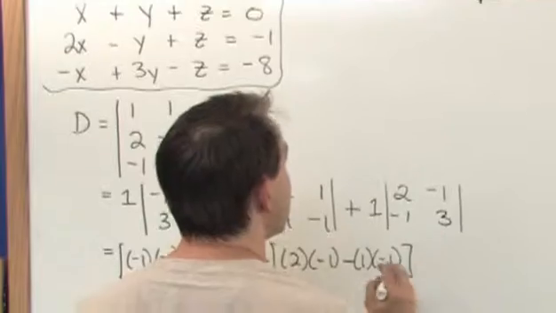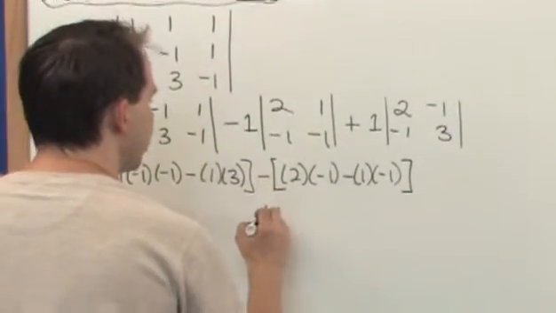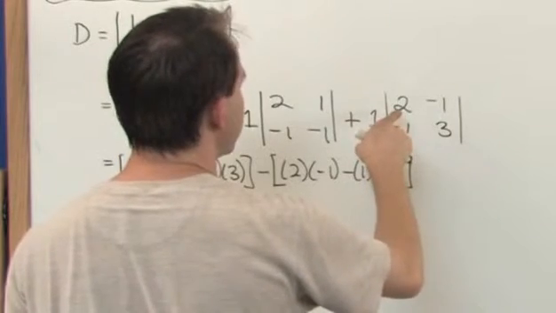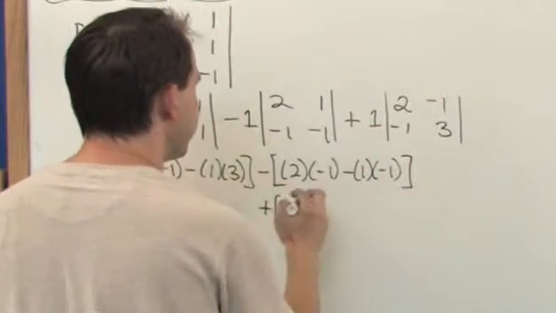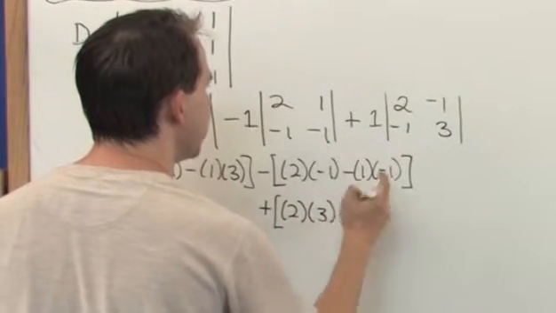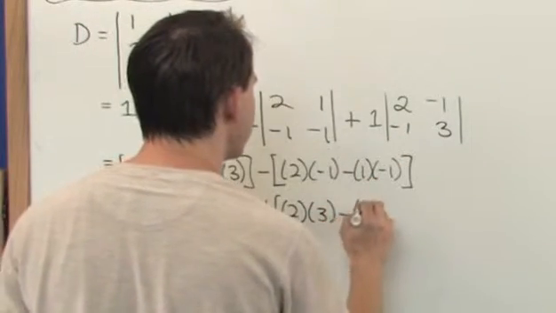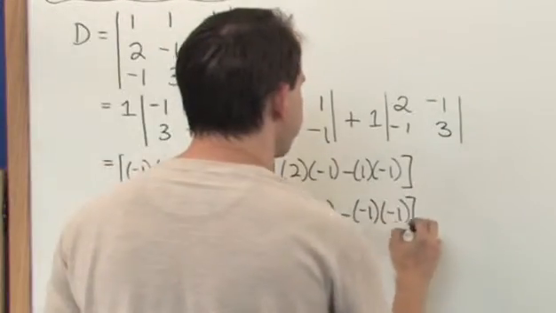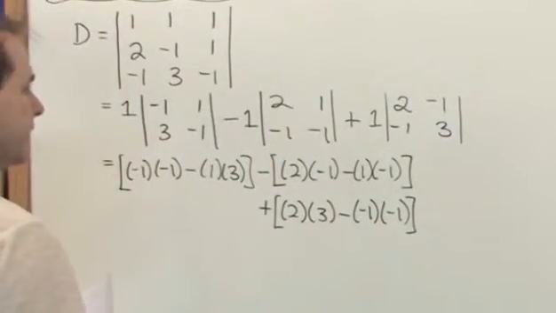Okay? And then for the third one, I'm going to have to move down here, plus what we're going to have over here is going like this: 2 times 3 minus, and then going this way, negative 1 times negative 1. Okay? We're going to have that. And that's going to basically be what we have there.